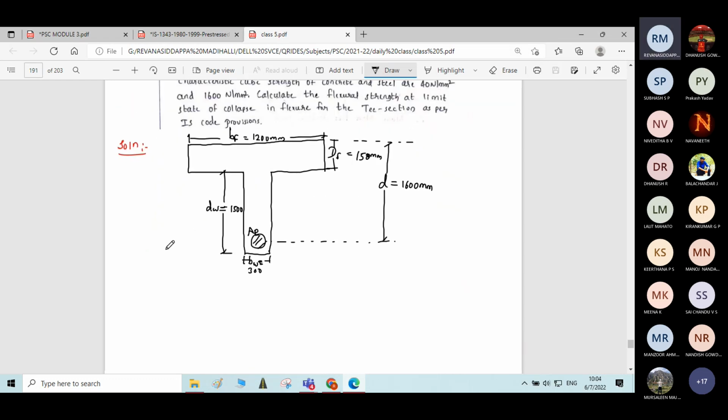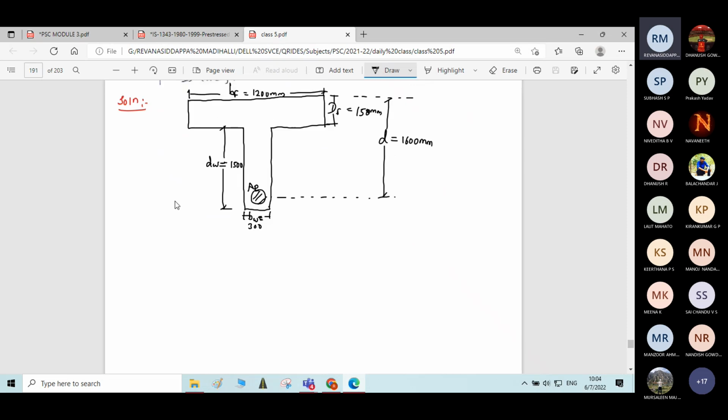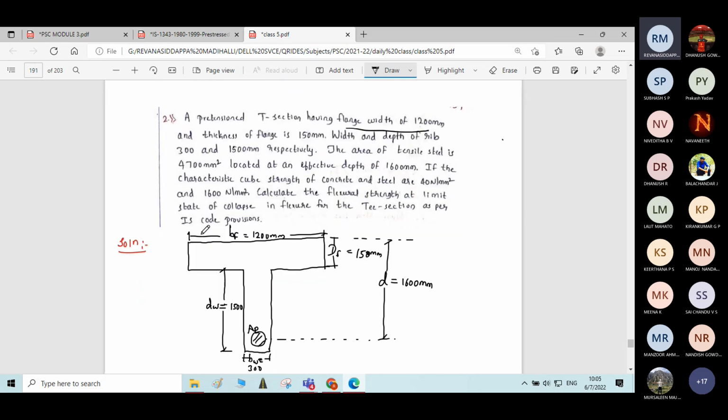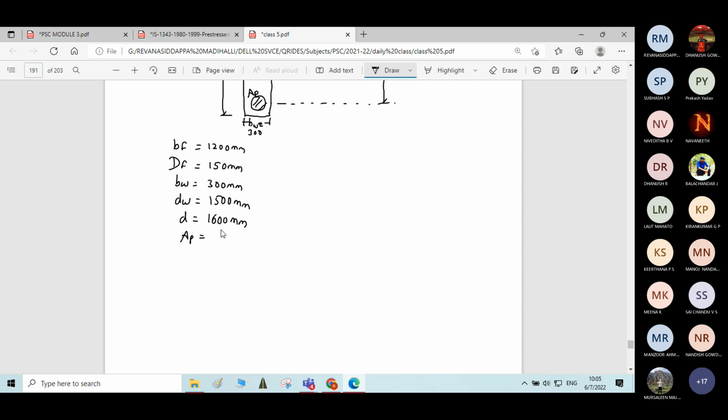Okay. Now, once again, I'll write all the data here as given parameters. BW is equal to 300 mm. Depth of web is equal to 1500 mm. And effective depth is equal to 1600 mm. Area of pre-stressing steel is 4700 mm square.